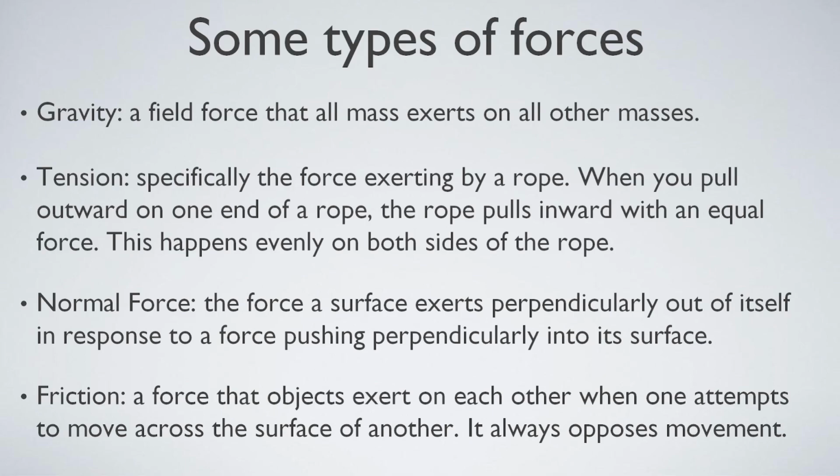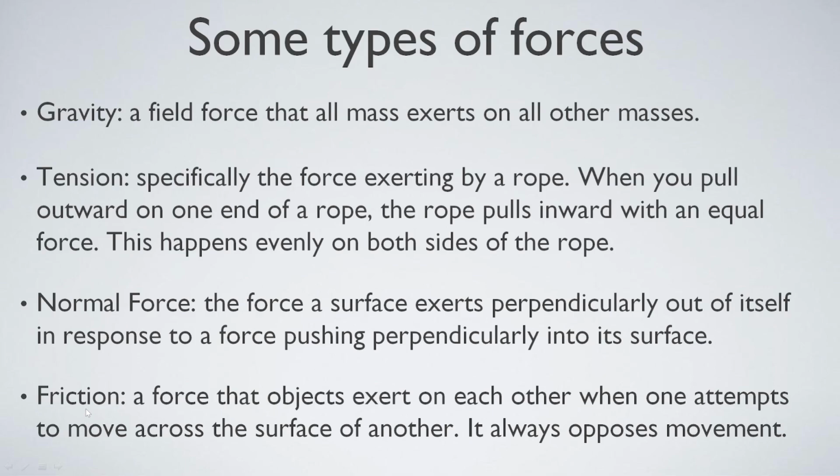When you push into something and it pushes back out, most commonly, when you push into the ground, it pushes back up on you and supports you, keeps you from falling into and through the ground or into and through your chair. This is basically the type of force that surfaces will exert when you press into them.